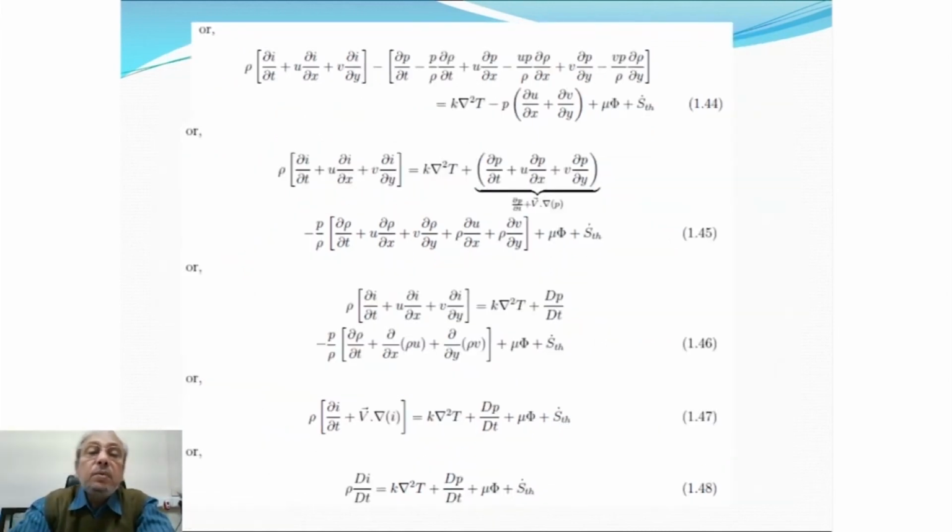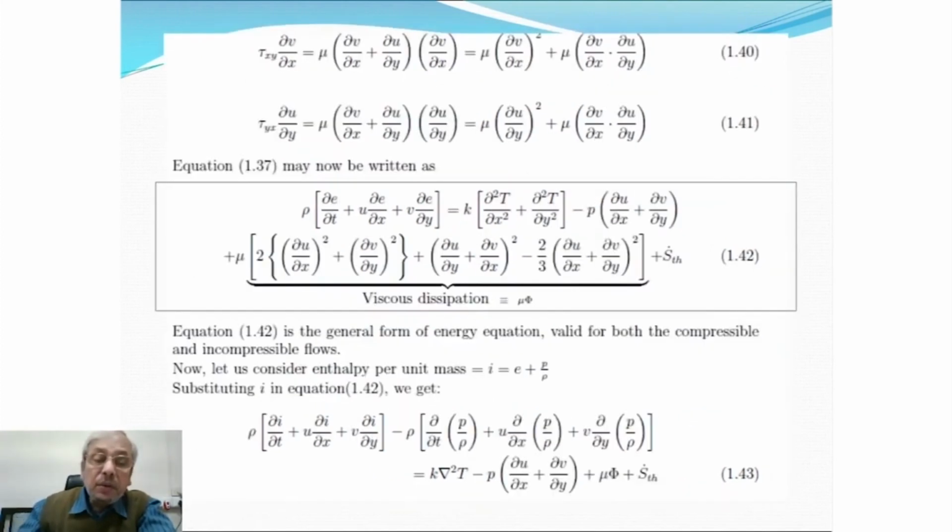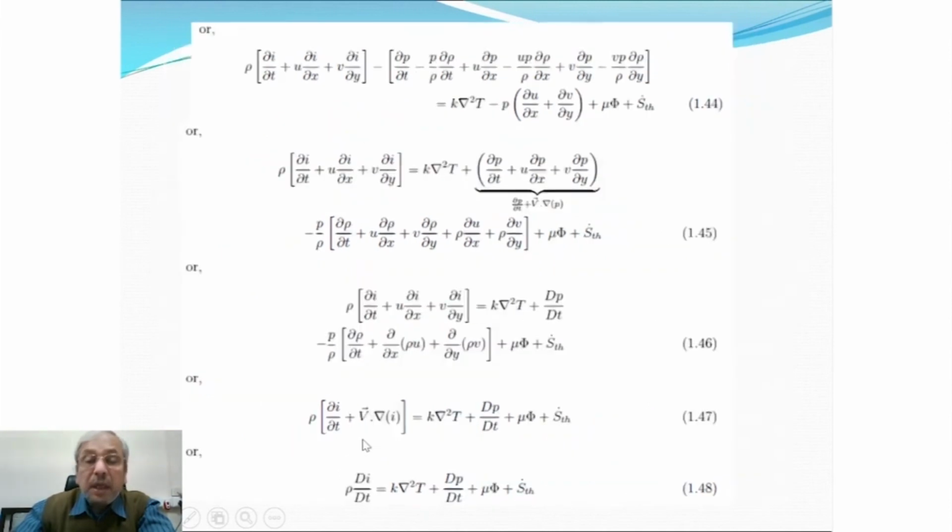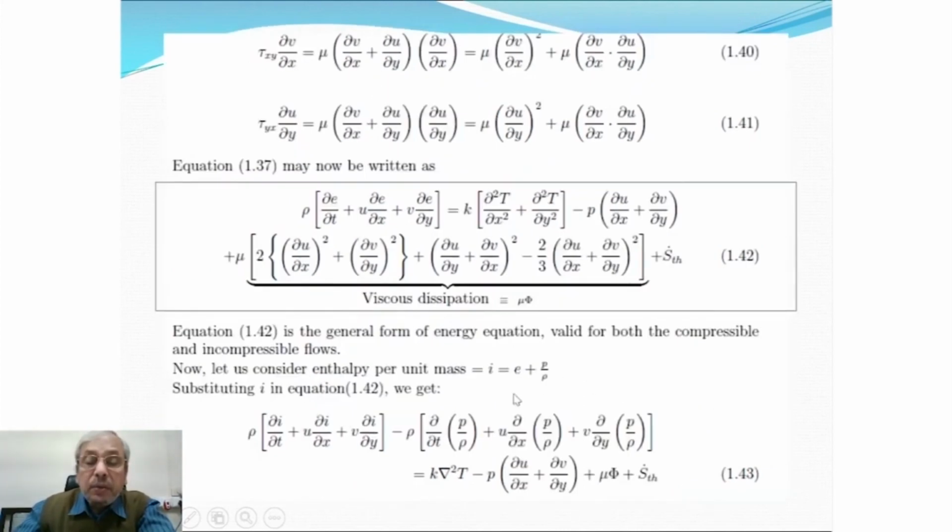So now we just perform these calculations, keeping these three terms on the left hand side intact. We have performed the derivative operation once on P, then on 1 by rho.